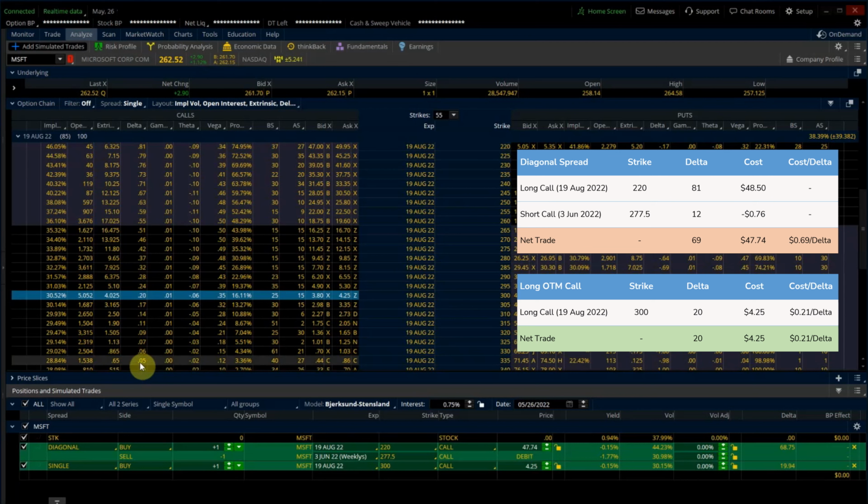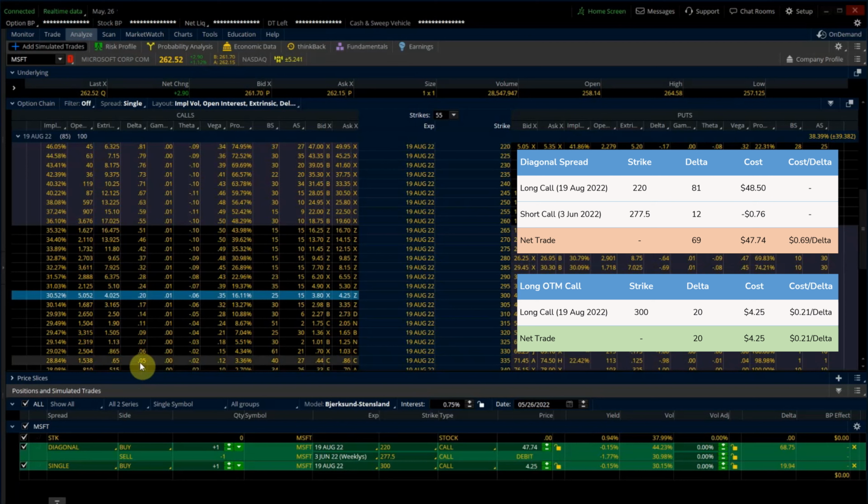So if I choose to go long on Microsoft, I can enter a deep out of the money call option, Delta 20, and it will cost me $425. So even if the price of Microsoft collapses the next day, I can afford to lose the entire value of the call and let it expire worthless on the last day and still stick to my max loss that I planned for this trade.